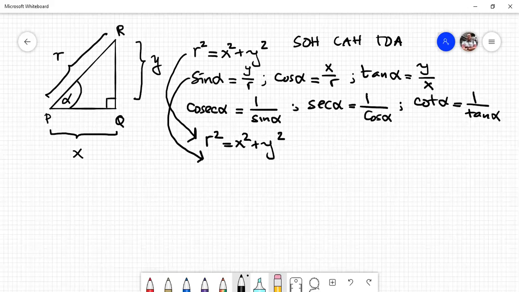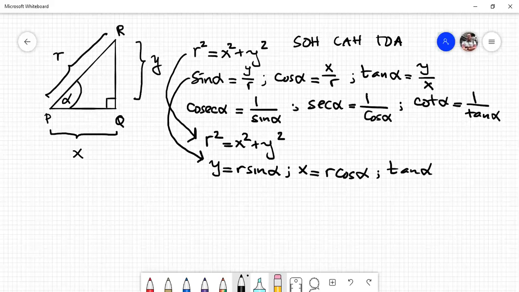Since sine alpha is Y over R, so Y is actually R sine alpha. And then for cos, we may know that X is actually R cos alpha. Okay, and then tangent, right? Just keep it like that. Tangent alpha is Y over X.